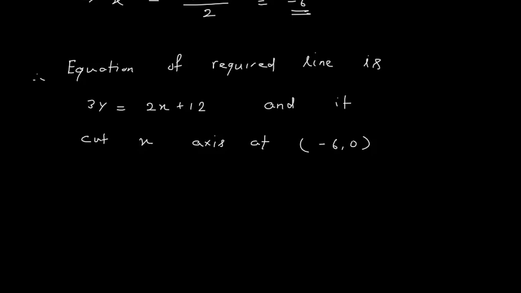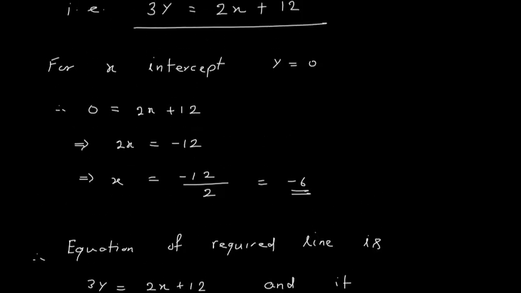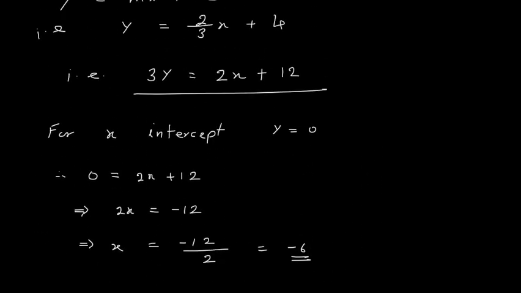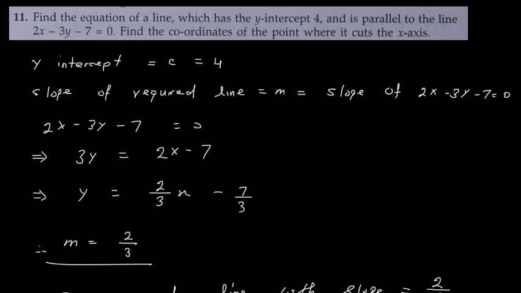So at this point it will cut the x-axis. So I got the point where it cuts the x-axis as well as the equation of the line. Okay, so this question was a little lengthy.